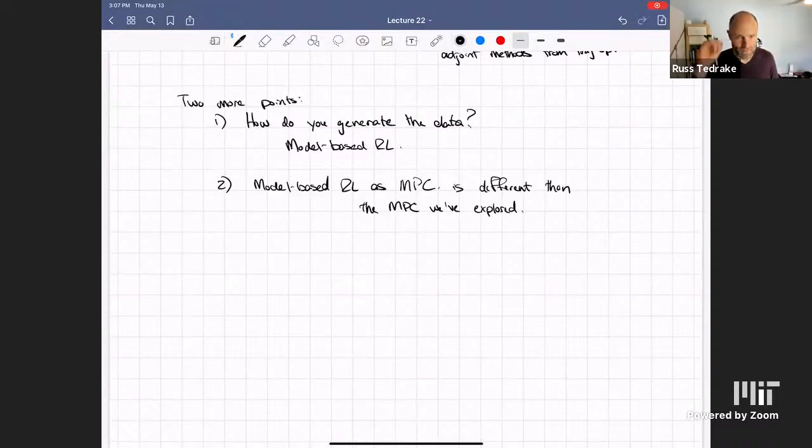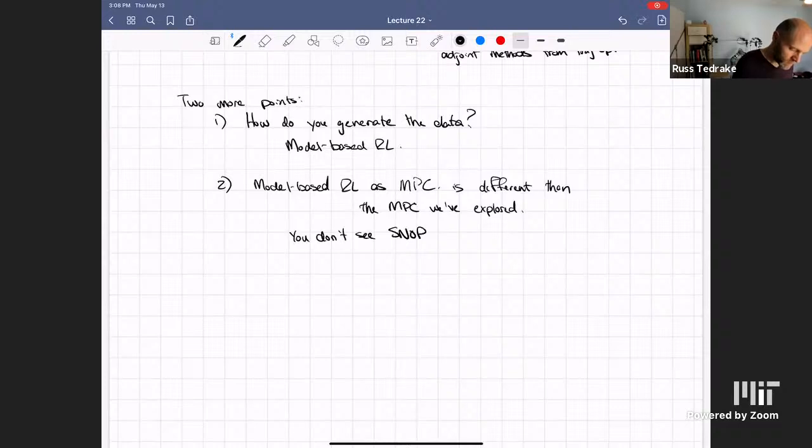In the MPC loop, you'll see CEM, cross entropy methods, and you'll see MPPI, which is this, let me write it down here. IPOPT is another one that's in that family. A lot of people use it for mechanical model-based work, like walking robot people.